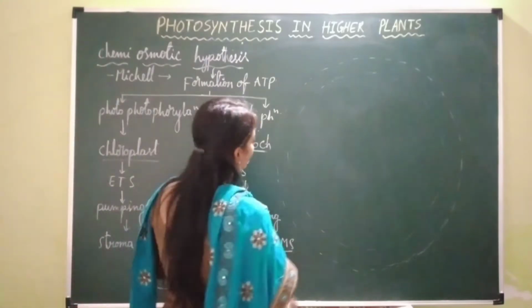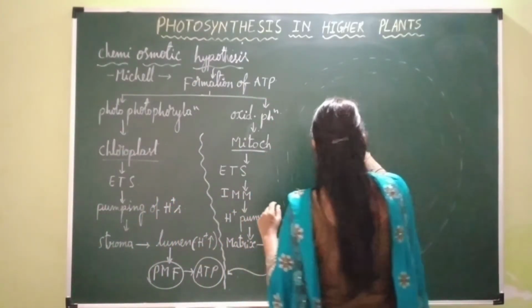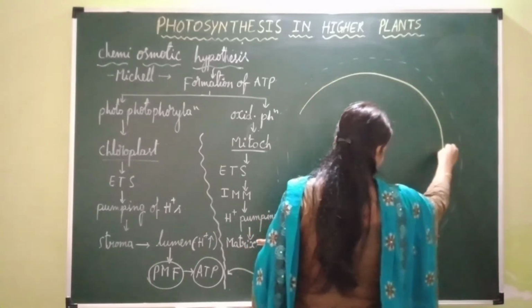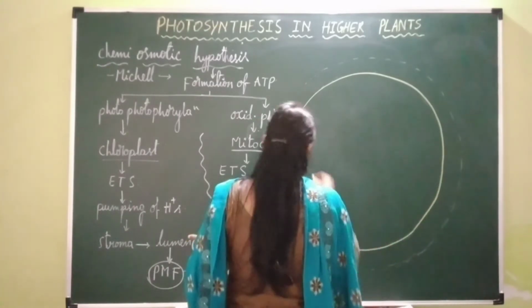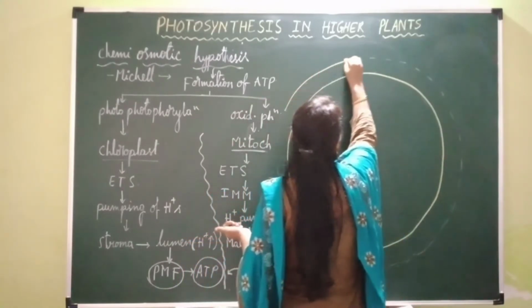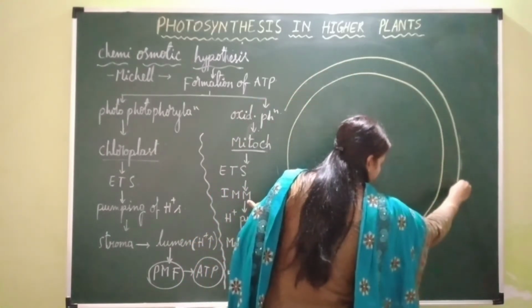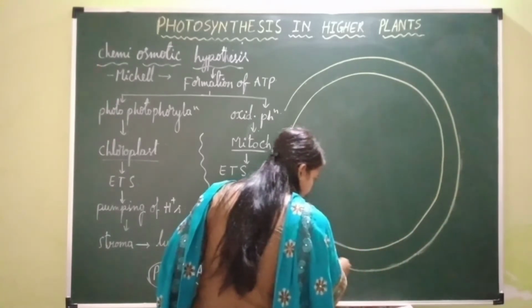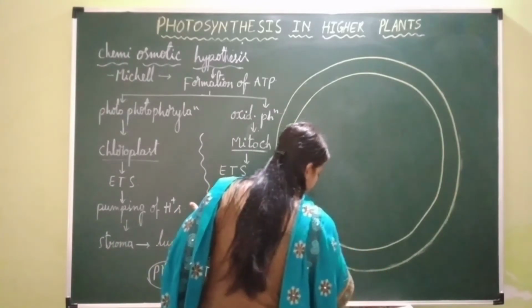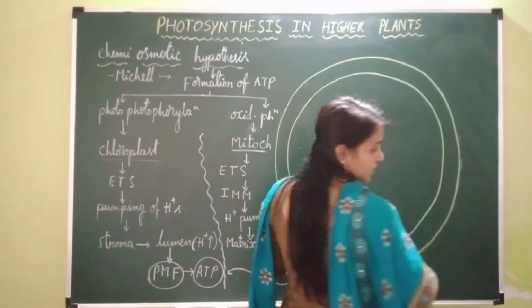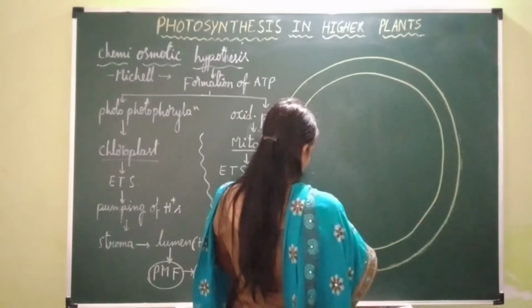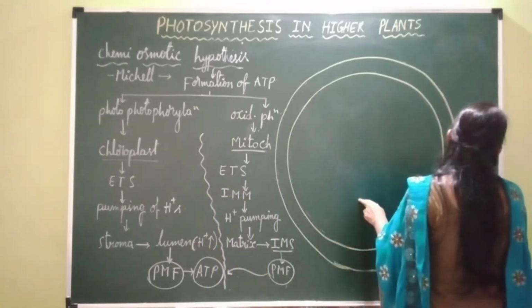So this is the thylakoid membrane. Inside this membrane, photosystems are present, that is photosystem 2 and photosystem 1. We already studied these photosystems and both non-cyclic and cyclic electron transport in previous videos.